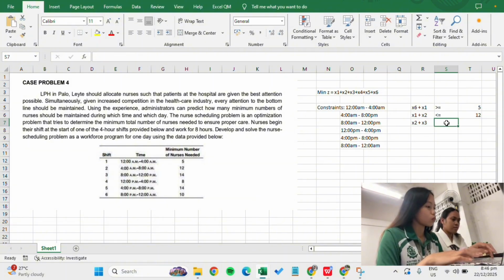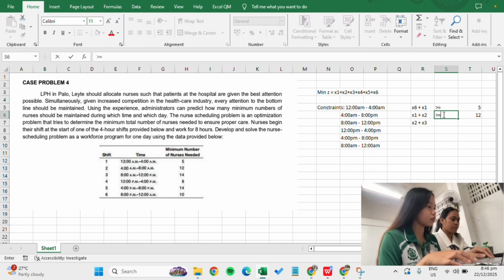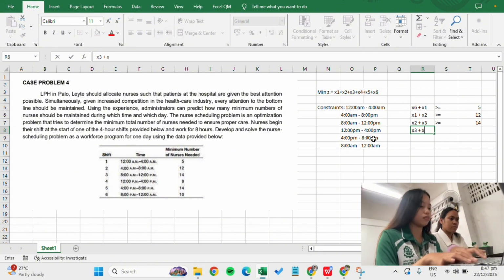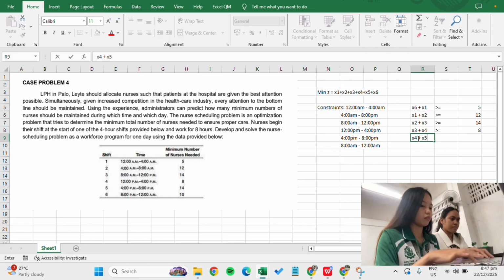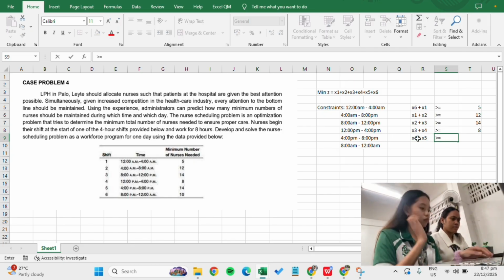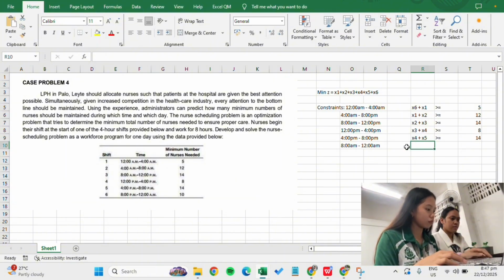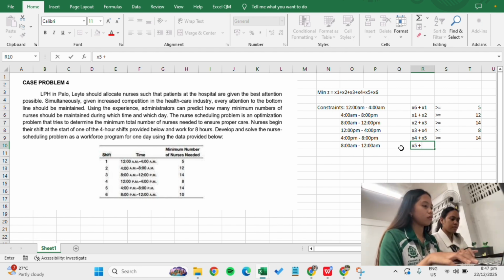X2 plus x3, greater than or equal to 14. X4 plus x5, 14. X6, 10.